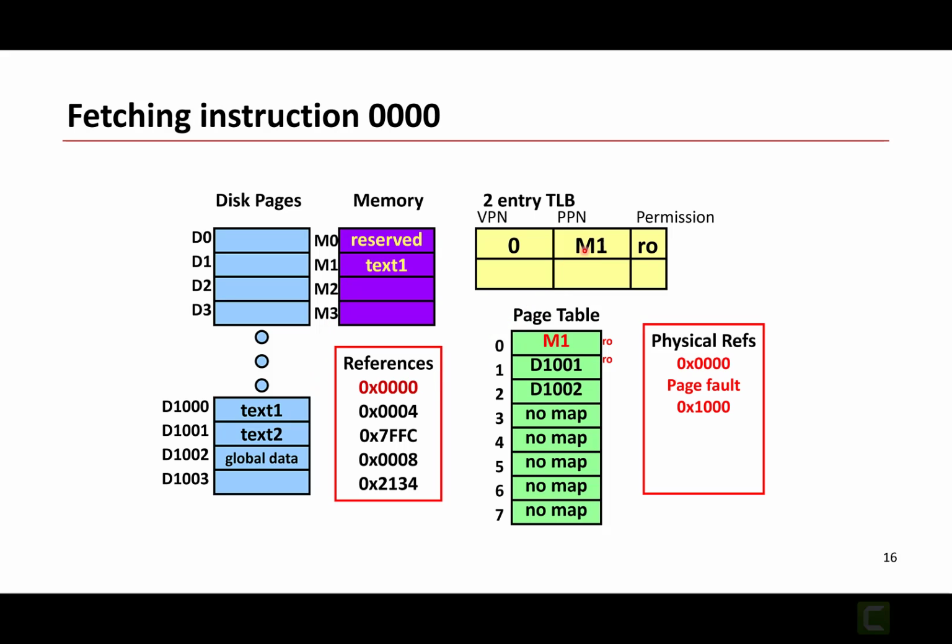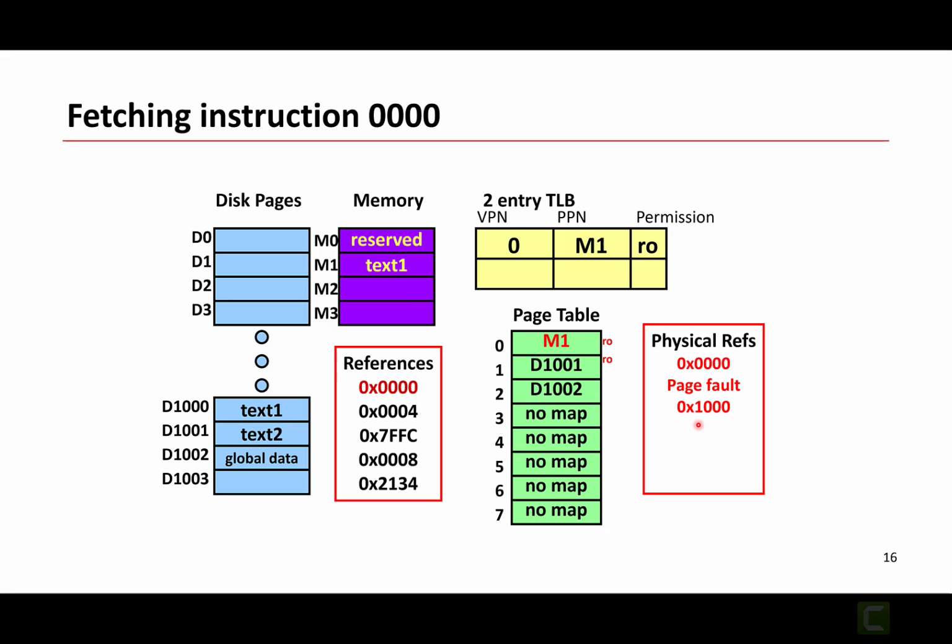Okay. So now that I have loaded the text 1 into my main memory, now I can service the original instruction fetch by accessing the main memory.